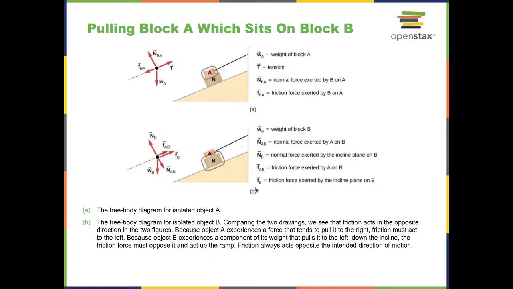Then you may end up doing the calculation, and you'll find out that the calculation actually tells you that you picked the wrong sign. So in this case, one question here might be, is this friction exerted by the inclined plane on block B actually pointing upwards or should it be pointing downwards?